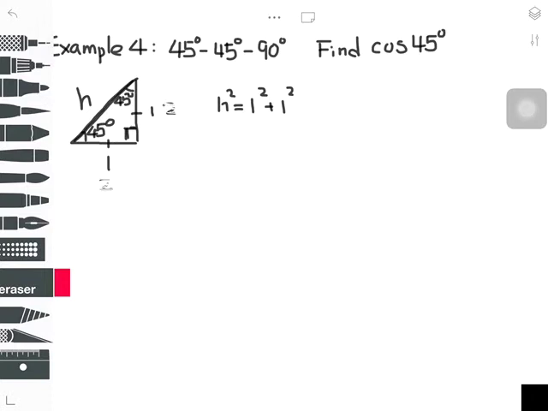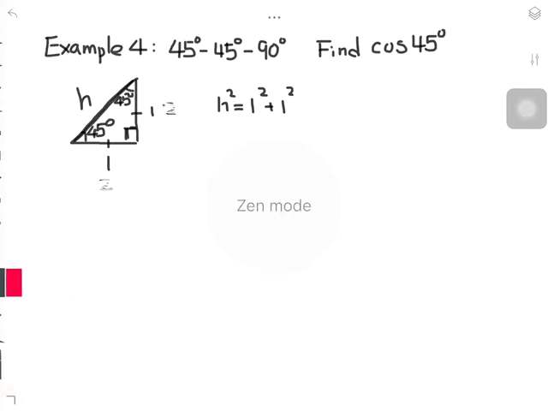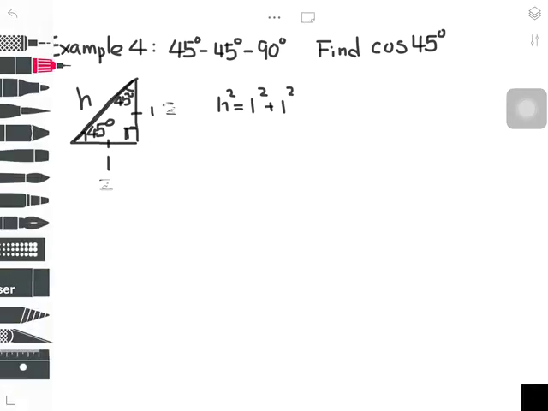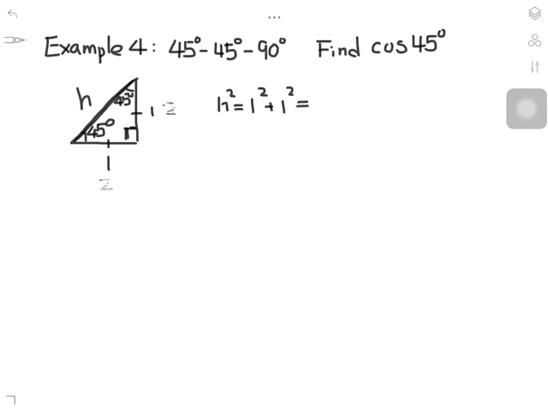I'm using the 1 to calculate my hypotenuse. What's 1 plus 1? It's going to turn out to be 2. So my hypotenuse, taking the square root on both sides, would be square root of 2.